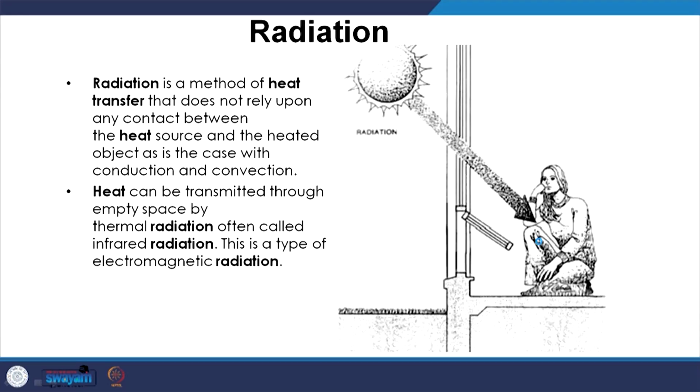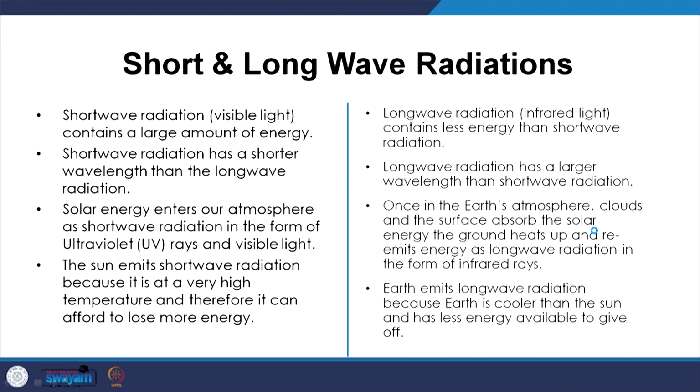Then there is radiation, which is the method of heat transfer where there is no direct contact between the source and the sink, and the radiation takes place without a medium, directly reaching the sink, the body. That is radiation.